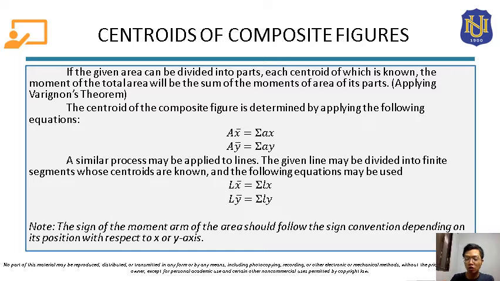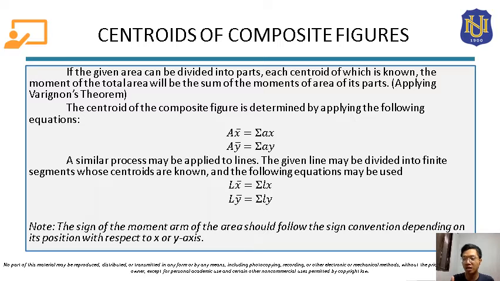If the centroid is located at the right of the reference point, that x coordinate will be positive. But if it is at the left with respect to the reference point, that will be negative.